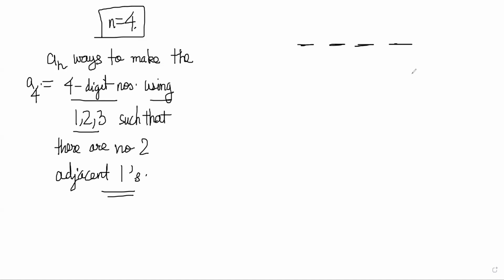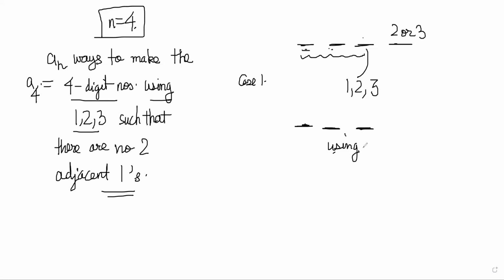Now what I will say is case 1. If the rightmost digit here, the units place basically, is either 2 or 3, then for the digit next to it you have complete freedom. You can make it using 1 or 2 or 3, right? And after that, you have to satisfy the same sort of restrictions. So if you think about it, isn't it like filling 3 spots using 1, 2, or 3 without having two adjacent ones, right?